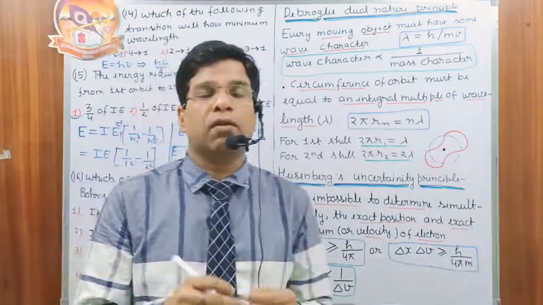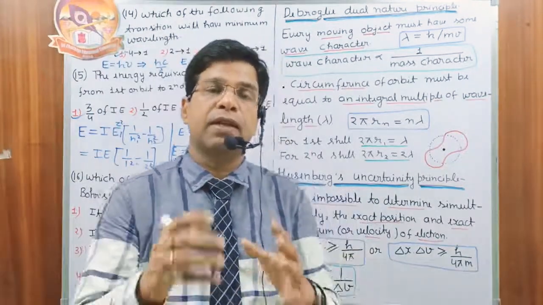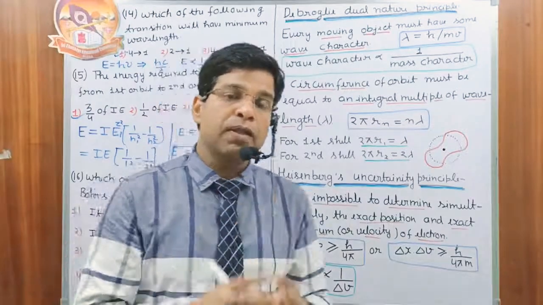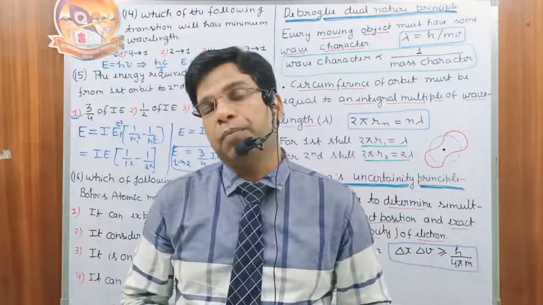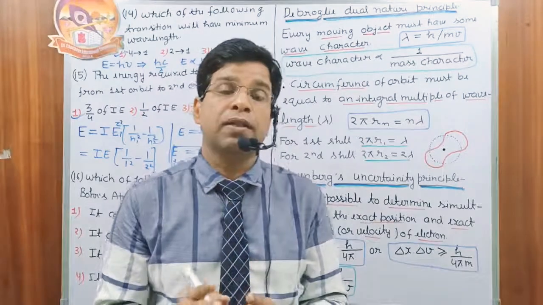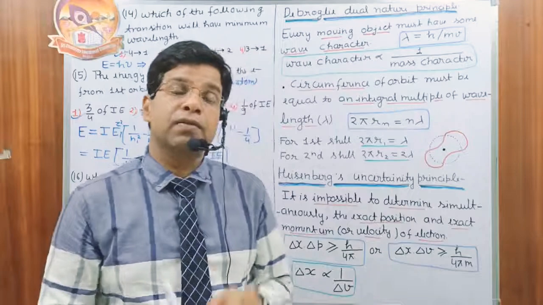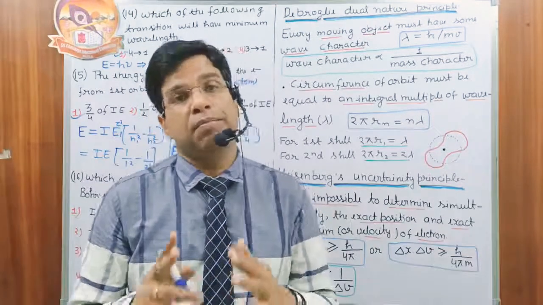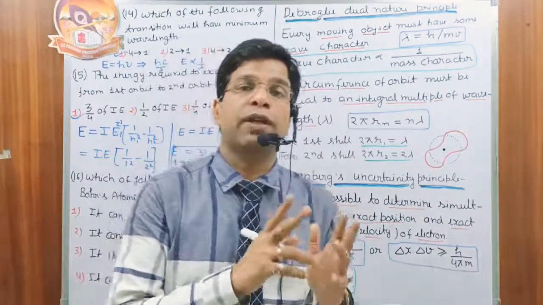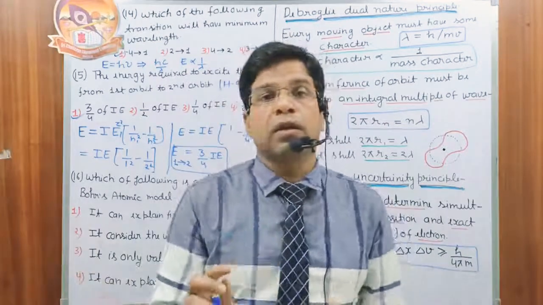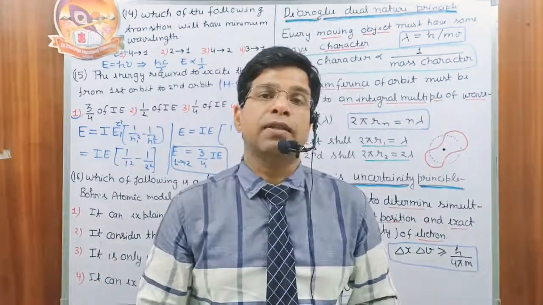Mass of the electron is very less, it is negligible. If mass is very less, particle character is very less, then in such case wave character has to be the maximum. Wave character has to be very high, but in the Bohr model, Bohr completely ignored this wave character of the electron.